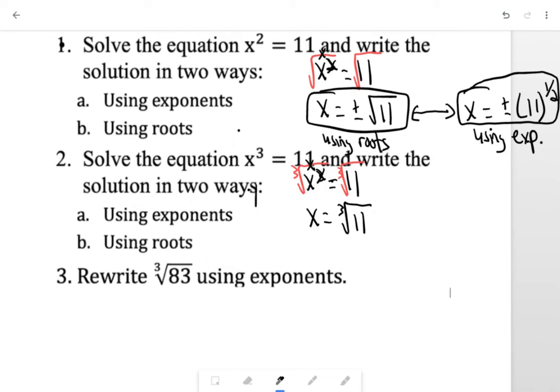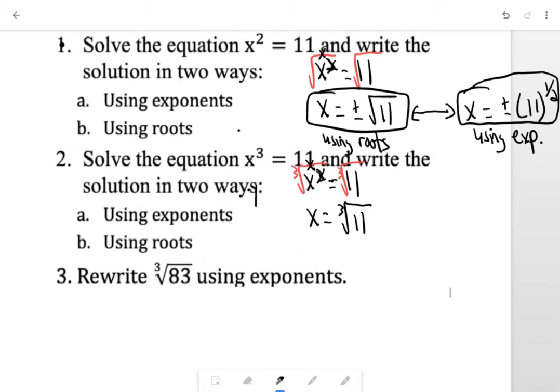Now, we talked about this yesterday. When we do a cube root, do I need to put the plus and minus in front of it? And the answer is no, I don't. The reason being is if I square a positive or a negative number, the answer will be positive.